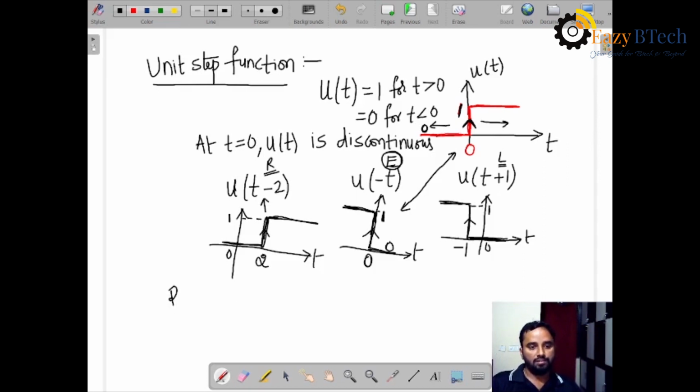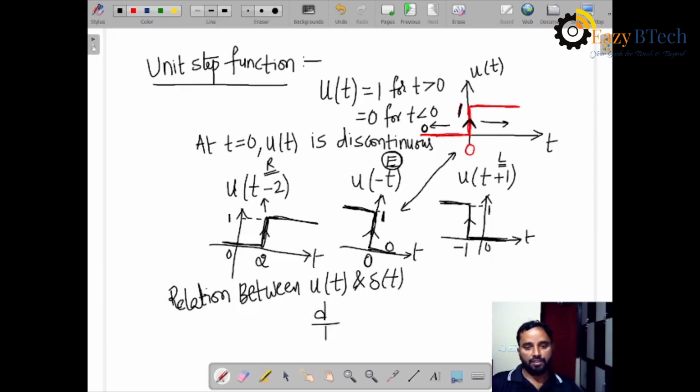How are they related? The relation between u of t and del of t is very, very important. d by dt of u of t, the differentiation of the unit step, gives the result del of t, the unit impulse. Differentiation of the step signal is the unit impulse.